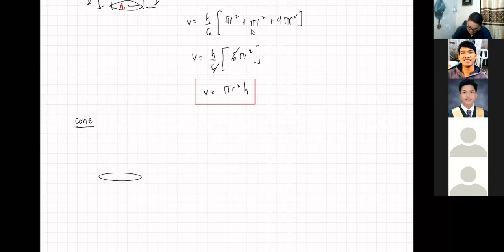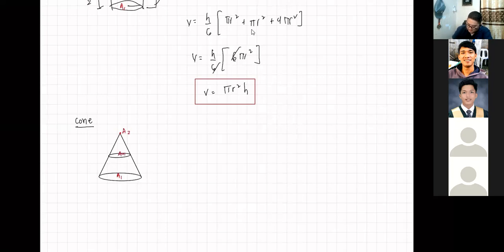Okay? Next, for cone, halimbawa, ito si cone natin. Okay, so ang A1 natin is ito, A2 natin is this point. Ang AM natin is yung nasa gitna niya. Assume nyo na lang na straight yun.